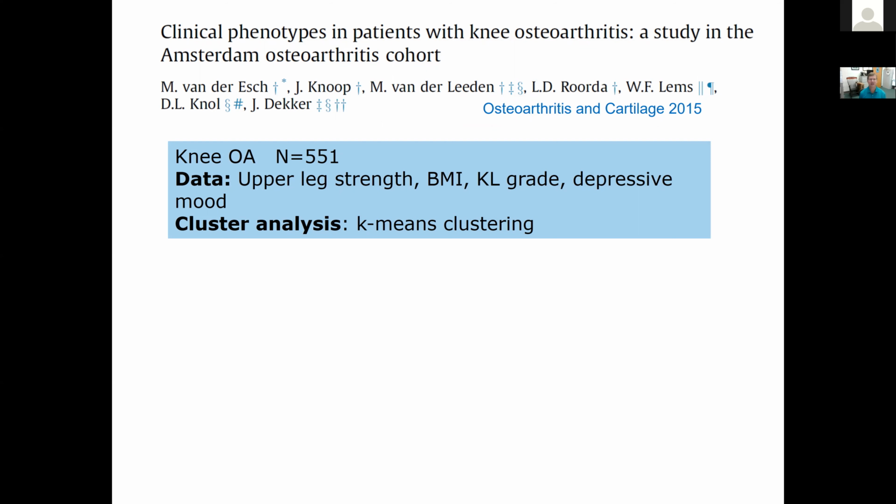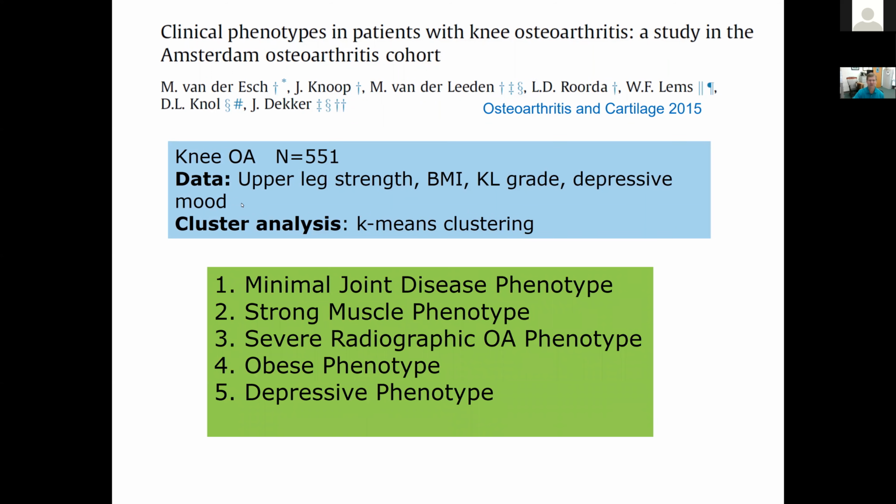Basically, the clusters they found were pretty much driven by the data they collected. So they had a minimal joint disease phenotype, a strong muscle phenotype, based on the muscle strength, a severe radiographic OA phenotype, an obese phenotype based on the BMI, and then a depressive phenotype, based on the depression measure.